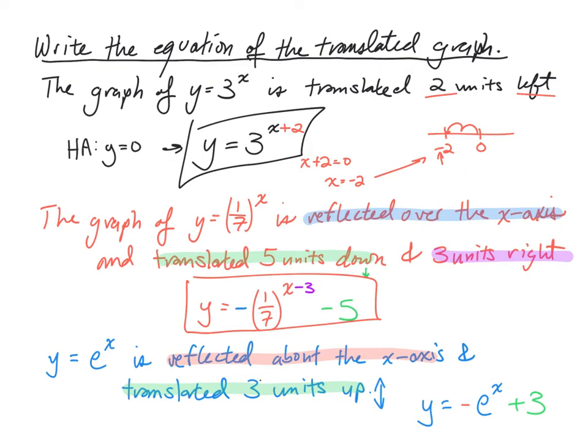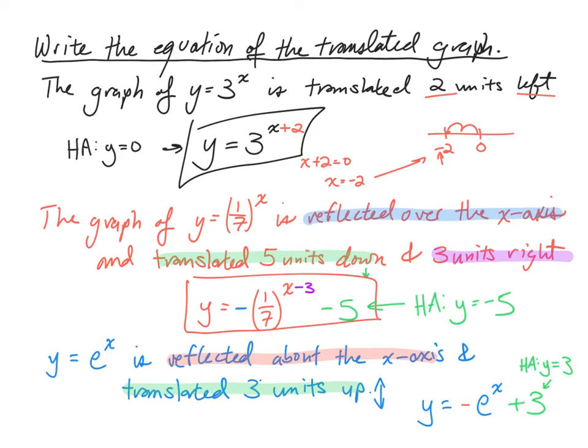The next one, we have this -5, which leaves us with horizontal asymptote y equals -5. And then with the last one, we can see there's a 3 here, so the horizontal asymptote would be y equals 3. Again, you can just read it right from the equation.